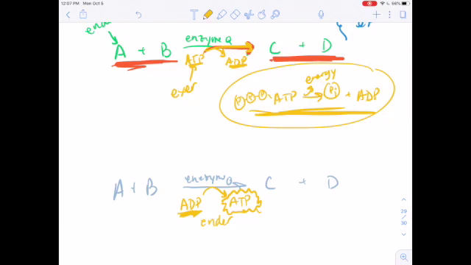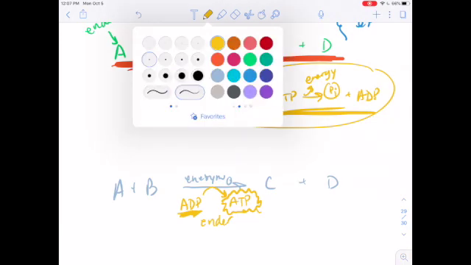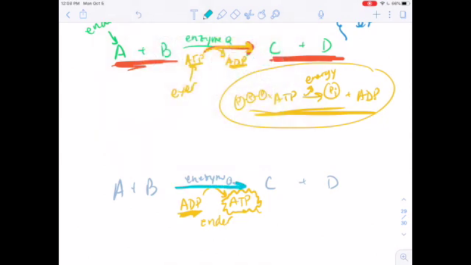Where's it getting that energy? Well, it's getting its energy from this one, from this A plus B going to C plus D. That must be releasing energy. So this one in blue must be exergonic. And the energy that it's releasing is going directly to power this one to make ATP. Coupled reactions. It's pairing an exergonic reaction with an endergonic reaction. So we got that there.